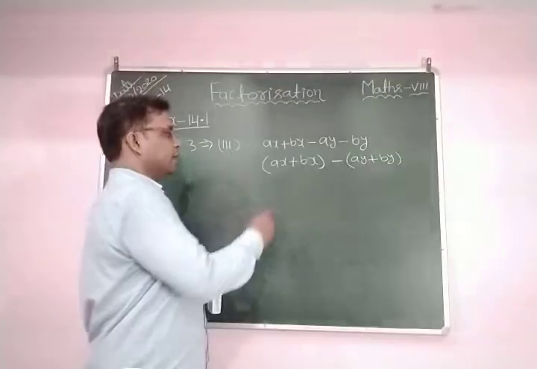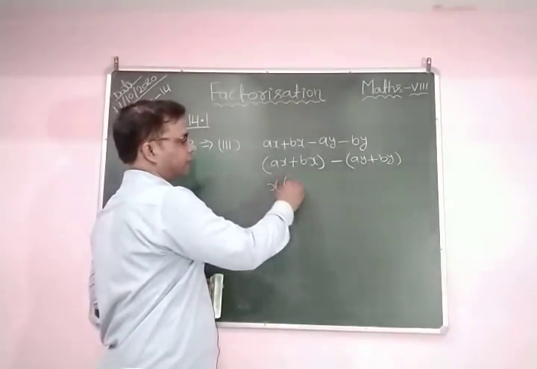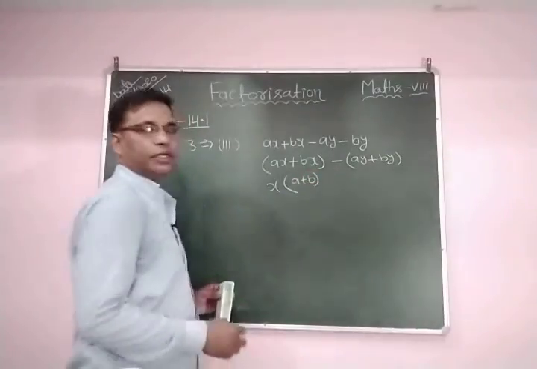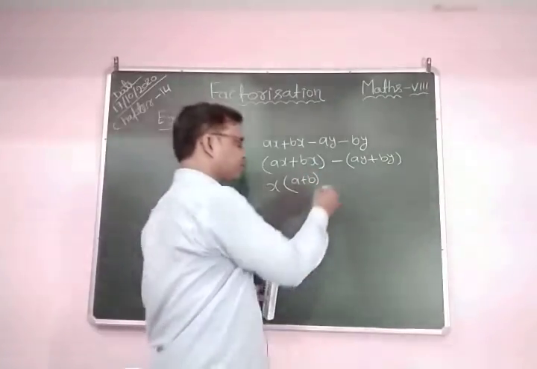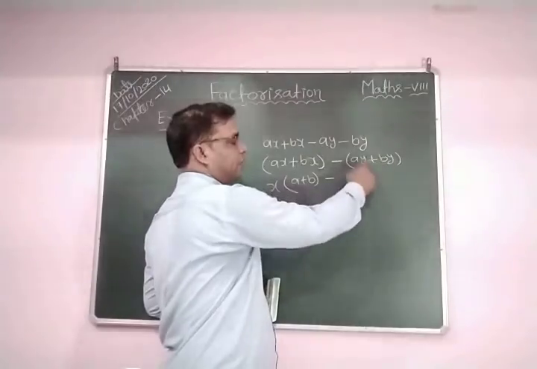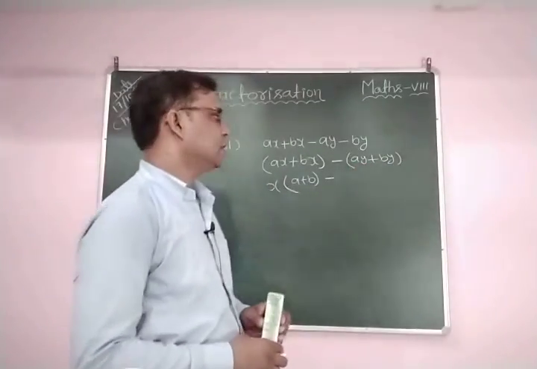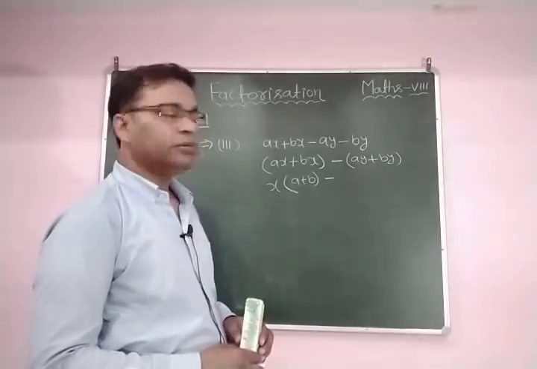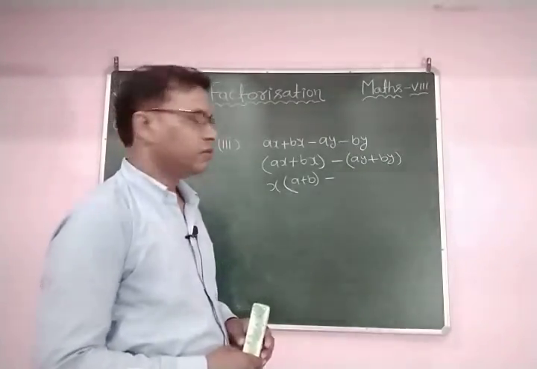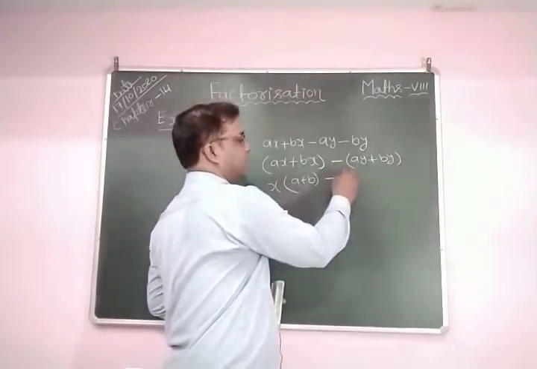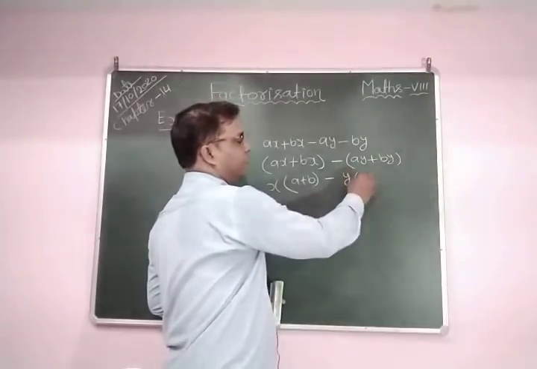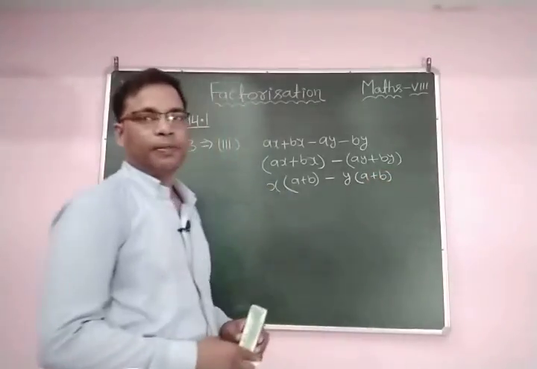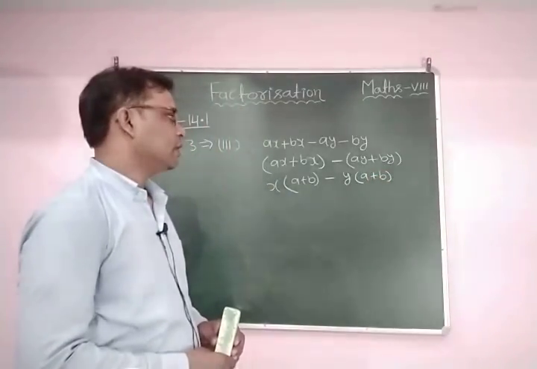So you take common x, and here you have a plus b. Clear? Now after this, minus, what is common in ay plus by? y is common. So we take common y, and in the bracket we have a plus b. Clear? a plus b.